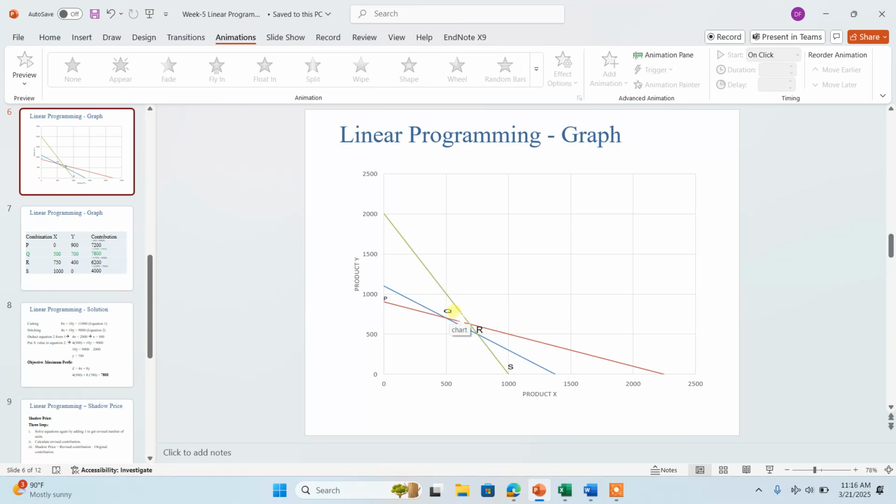And that is in the assembling department, the last one. I cannot go beyond these two lines because I have enough hours in the third department, but I don't have enough hours in the first two. So the question arises: what is the slack? How many hours am I wasting?